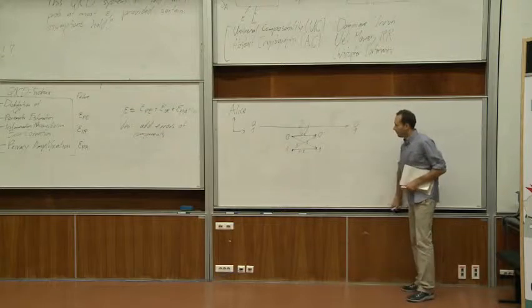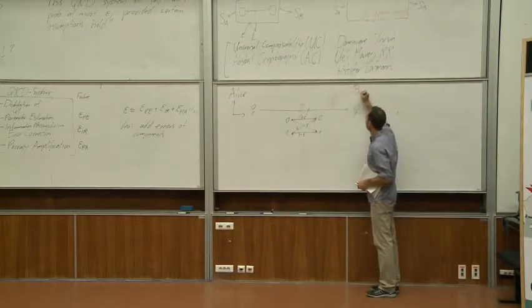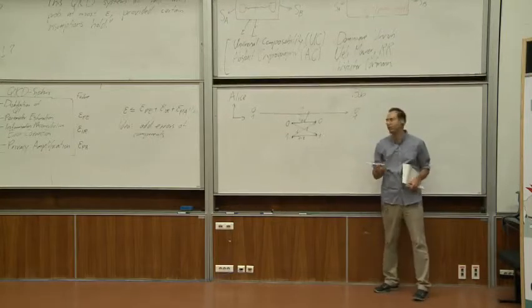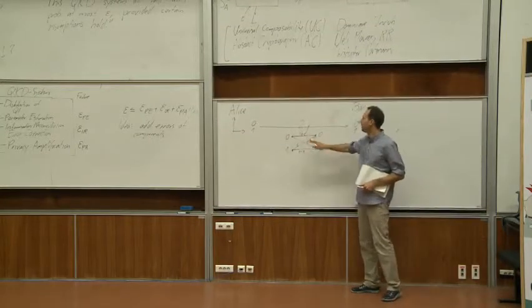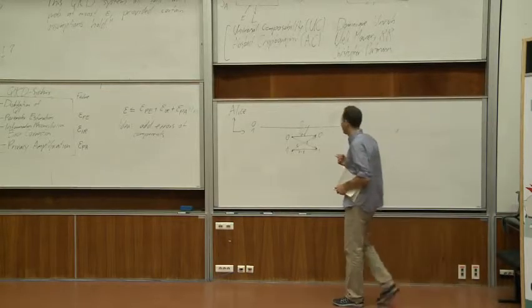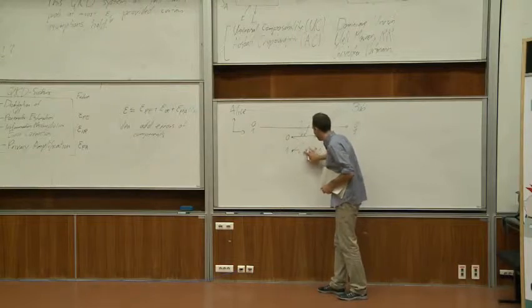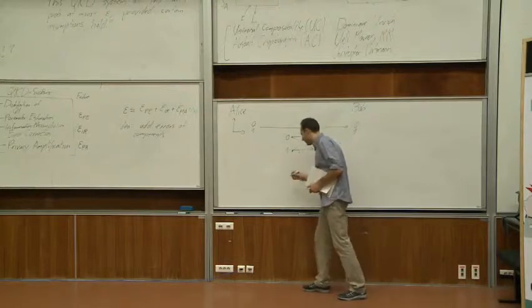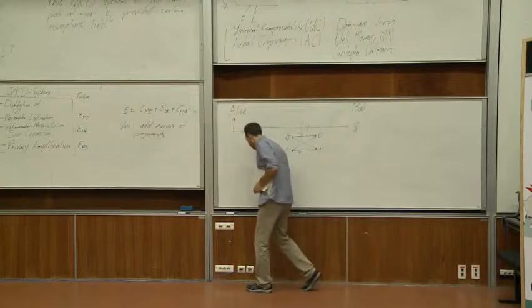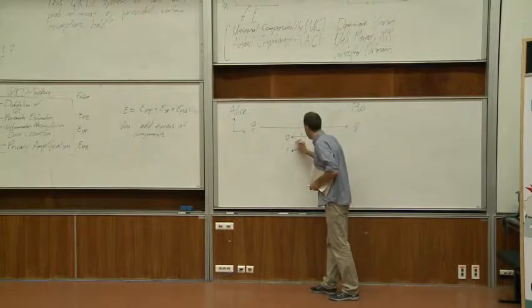And now, depending on the attack that Eve carries out, and depending on the noise we have in the channel, we will have different values for epsilon. And the idea of the parameter estimation is to determine this epsilon. By the way, I should maybe not call that epsilon here, because epsilon is already needed for the error. So let me call that p, for just the probability of a flip of the whole thing.